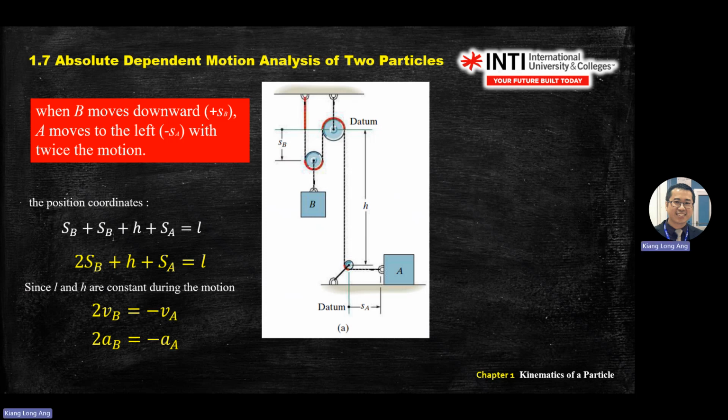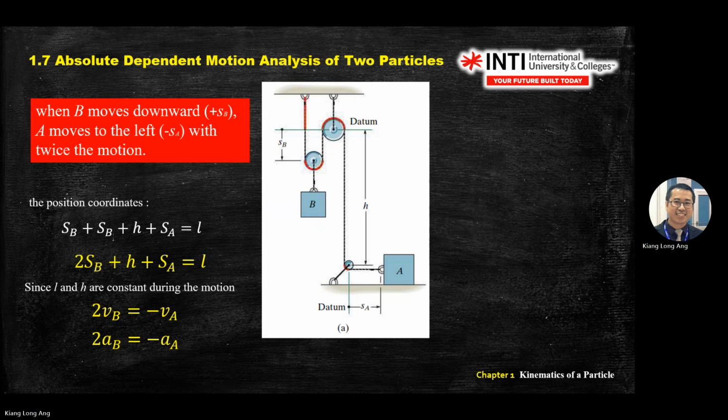Okay, from this, you explain what is this. Okay, and the question I'll ask you, like for example, what happened to A when B moved down? So when move down, positive SB, A will move to the left with its negative SA. Negative, negative SA, with twice the motion.